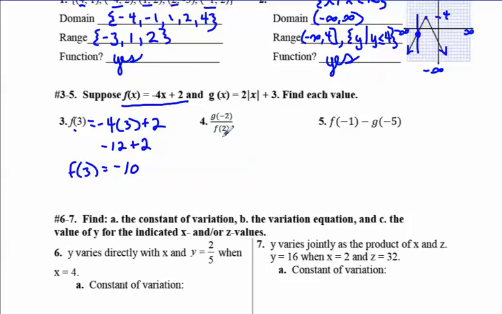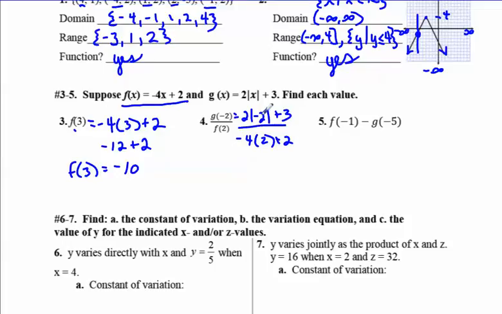In problem 2, we want g of -2 divided by f of 2. So I like to find these separately and then divide. G of -2 is going to be 2 times absolute value of -2 plus 3. F of 2, we go back to the f function, -4 times 2 plus 2.